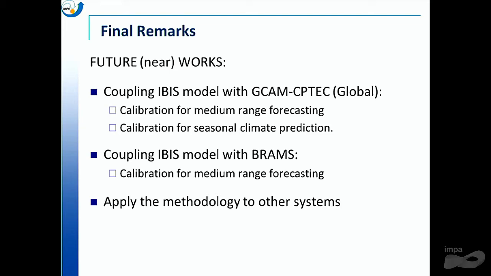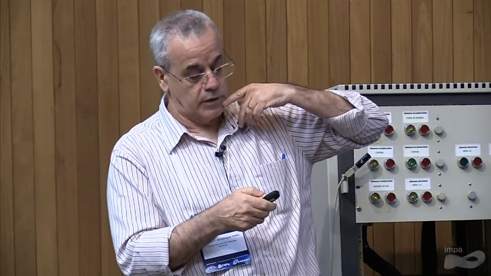And the idea is to use this calibration for medium range, and also calibration for seasonal climate prediction, and try to see if we have a better prediction using this scheme of calibration. And coupling this IBIS with the model BRAMS. BRAMS is a regional or limited area model over South America with a finer resolution than the global model, and also to apply this to other systems.